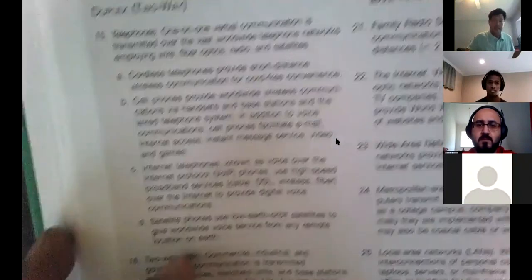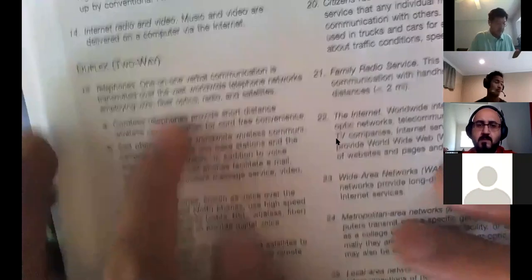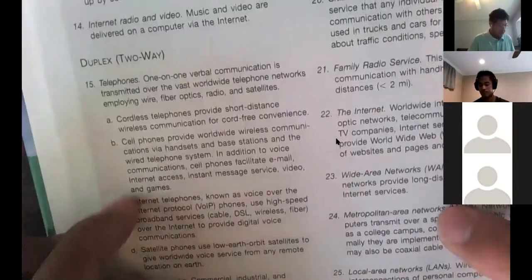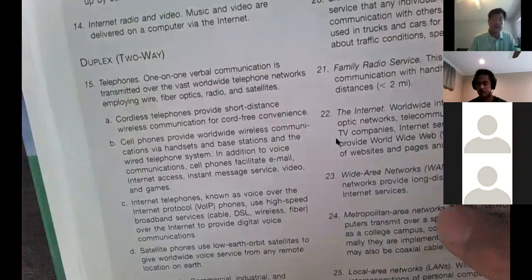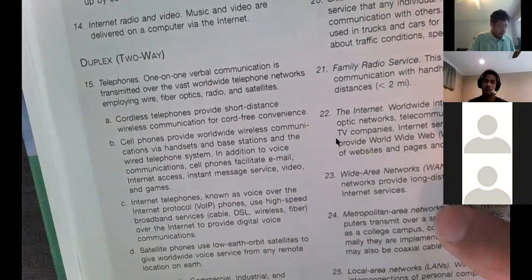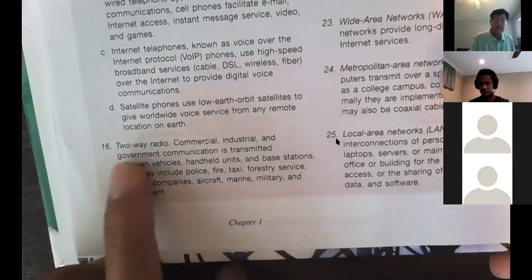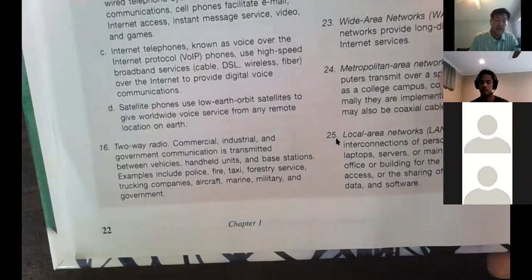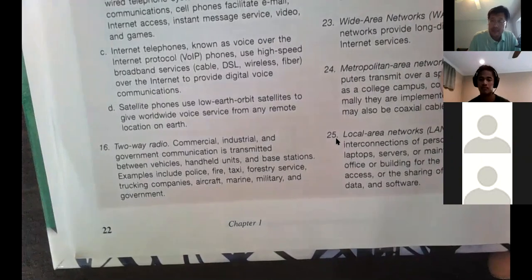Let's go back to a couple of examples of two-way communication. The first two-way communication is the telephone. Telephone is the oldest type of two-way communication. Two-way radios are very popular. If you have two-way radios, walkie-talkies, you can talk.